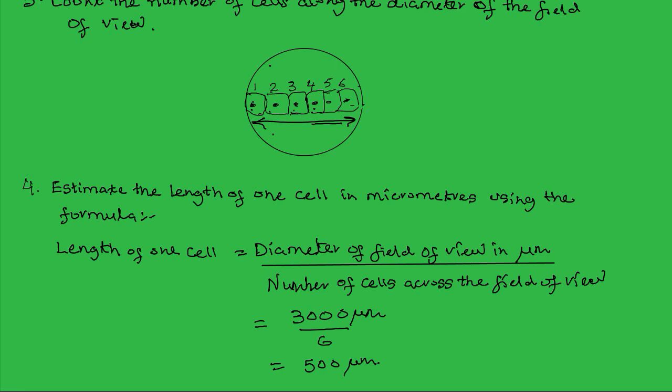The length of one cell is calculated by dividing the diameter of the field of view in micrometers by the number of cells across the field of view. So in our particular case, we determined the diameter to be 3000 micrometers, and that this distance was covered by 6 cells. So divide by 6. This gives us an average length of one cell to be 5000 micrometers.